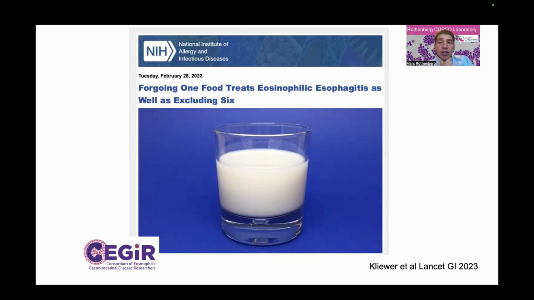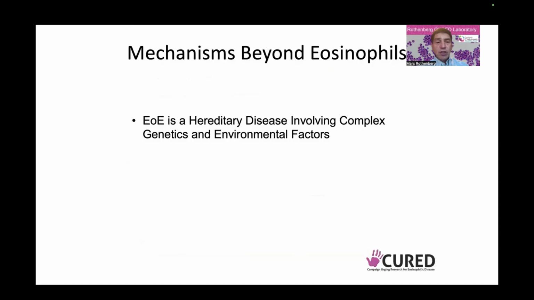The tough news is that in this particular study, which was a controlled, randomized, multi-site study, which is a really strong study design for this disease, only 35% of the patients responded. So my colleagues and I have concluded that milk elimination is a reasonable first approach for treating EoE, and that some patients do respond, and we have some biomarkers to predict response, but that many patients don't. But this is a reasonable first approach.